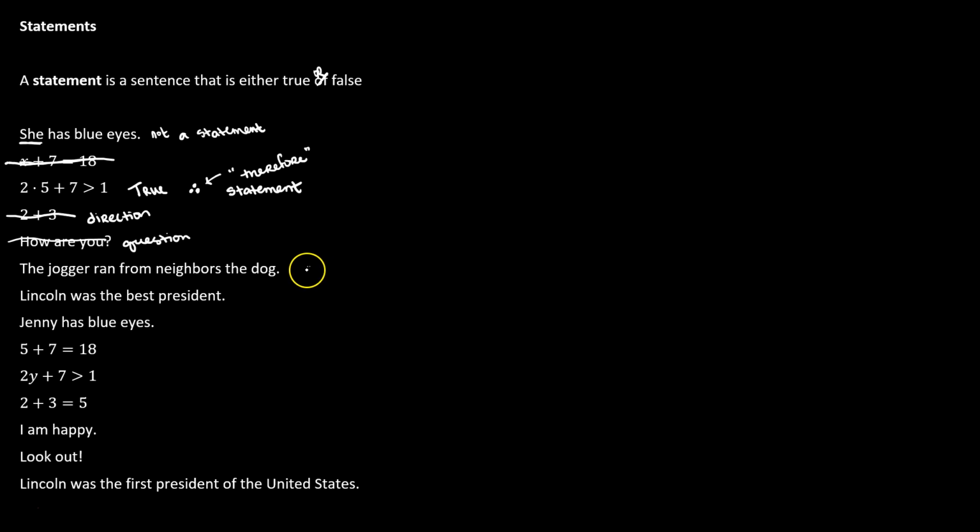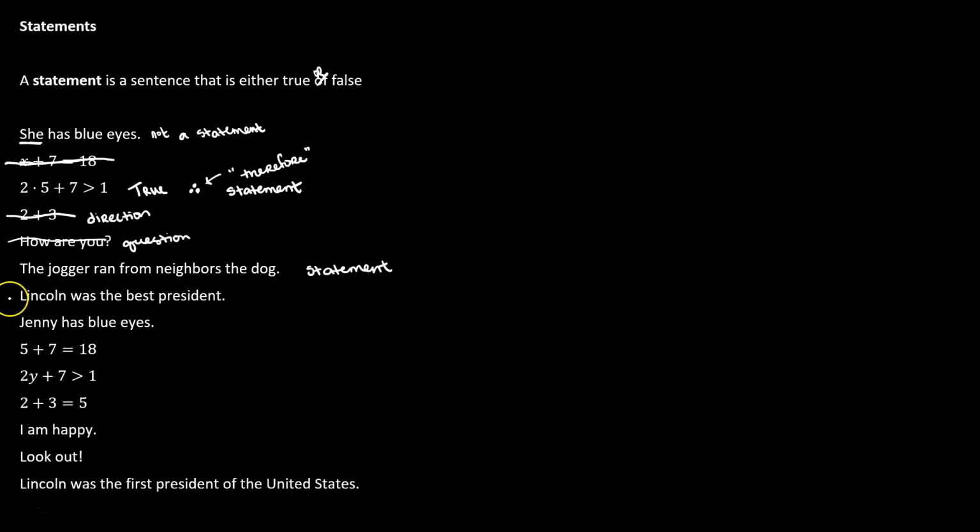So if we're talking about somebody running down the street, we can say that is the jogger. We don't know if it's true because we don't see the jogger or the dog. We don't know it's false for that same reason. But we know that it is either true or false because it's talking about very specific things. It's talking about the jogger and it's talking about the neighbor's dog.